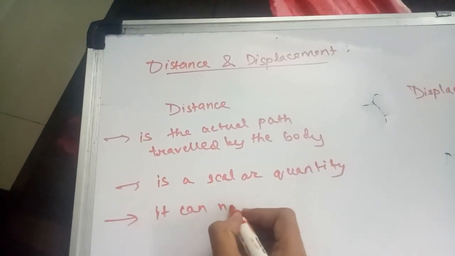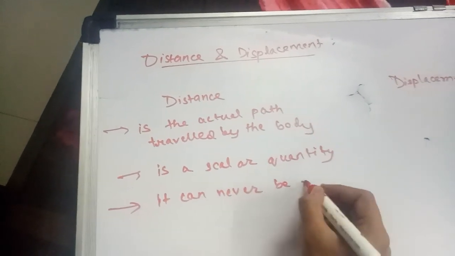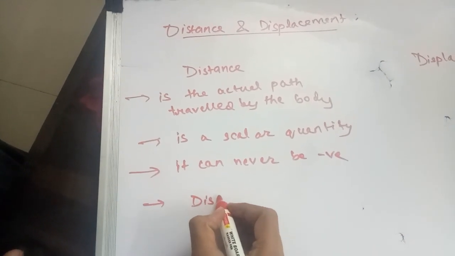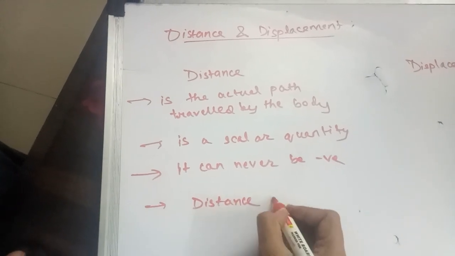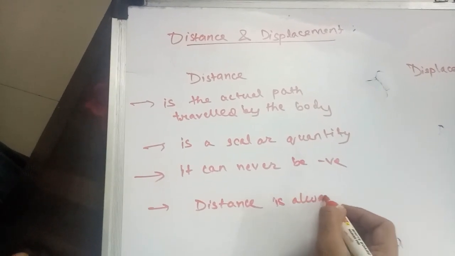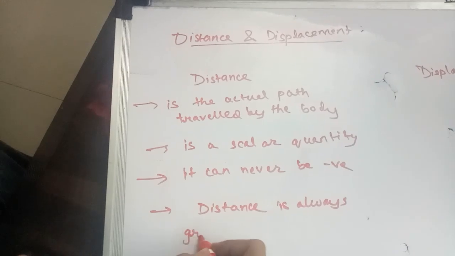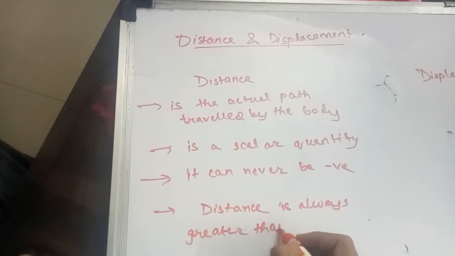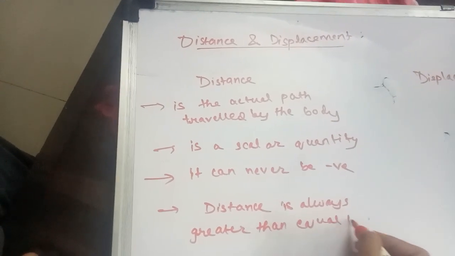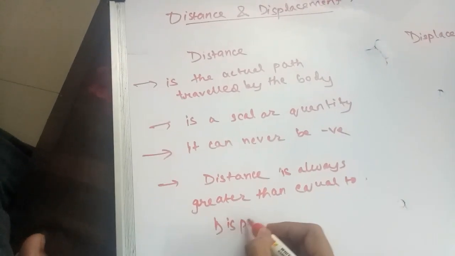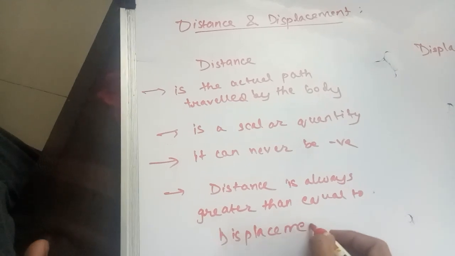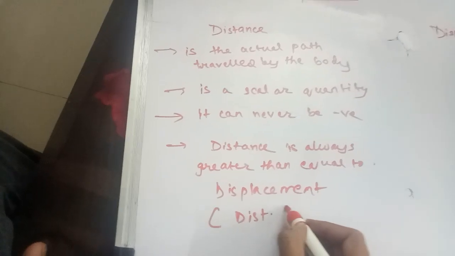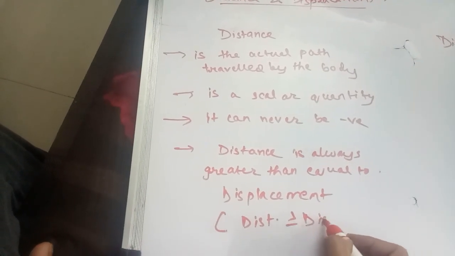It can never be negative. Fourth, distance is always greater than or equal to displacement. Means distance is greater than or equal to displacement.